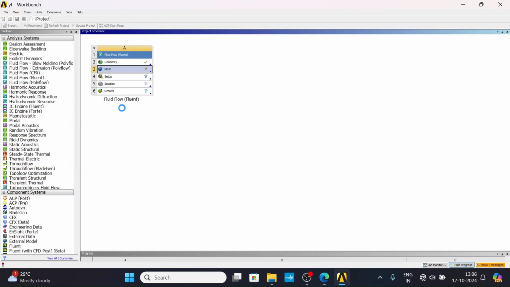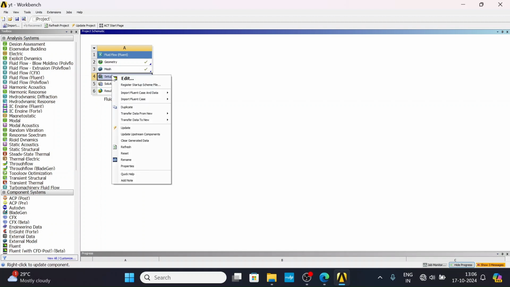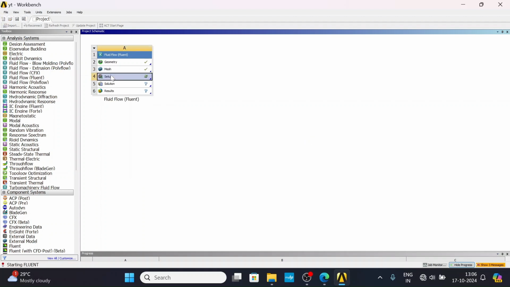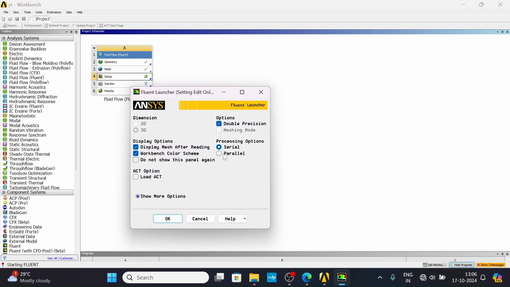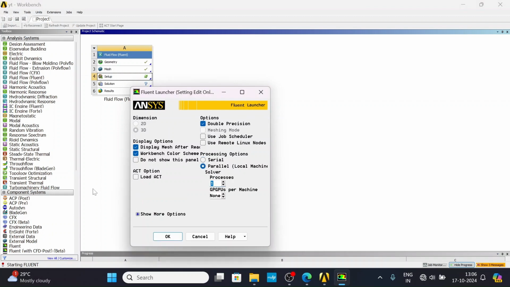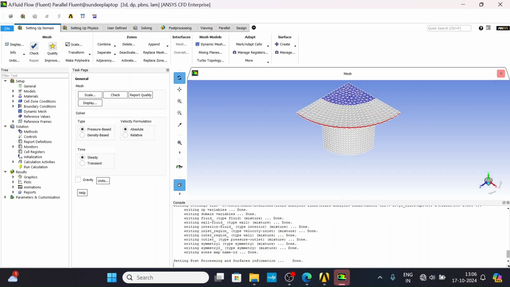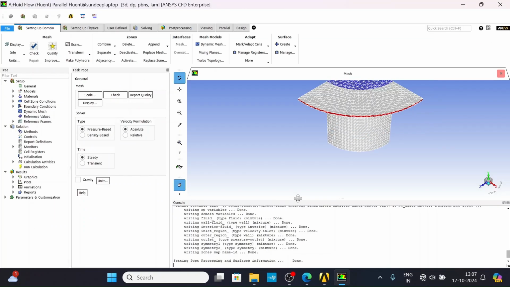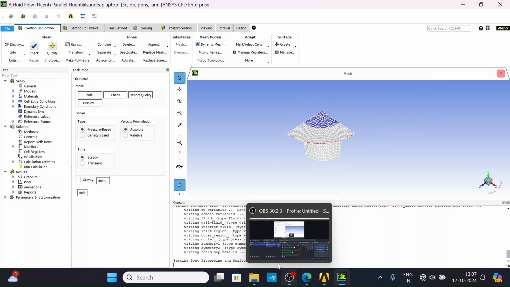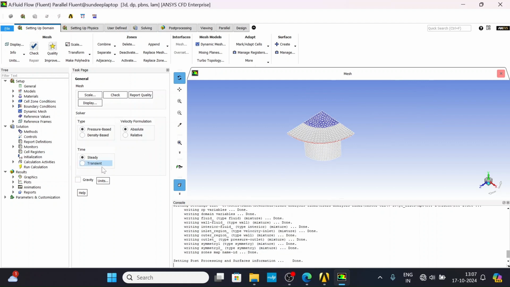Update. Under setup, double precision. Gravity minus 9.81.